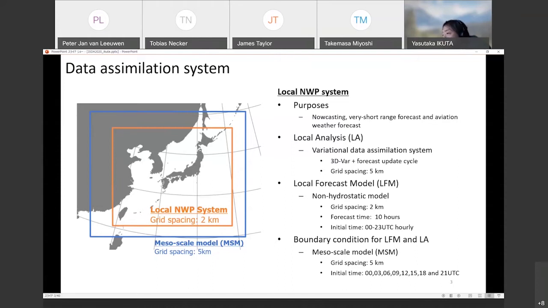The boundary condition is given by the mesoscale model called the MSM. MSM is the regional model of the JMA. The MSM is a non-hydrostatic model with a horizontal resolution of 5 kilometers. The orange line shows the forecast area of the LFM.